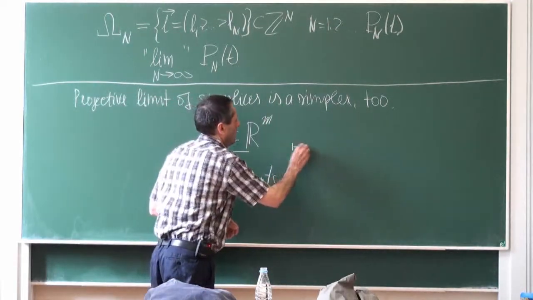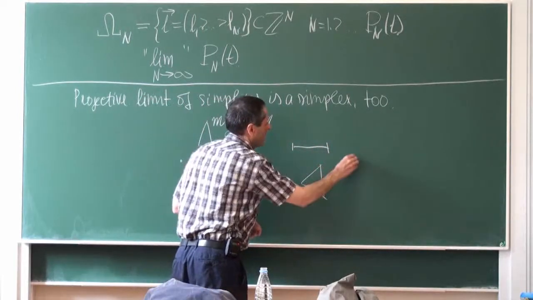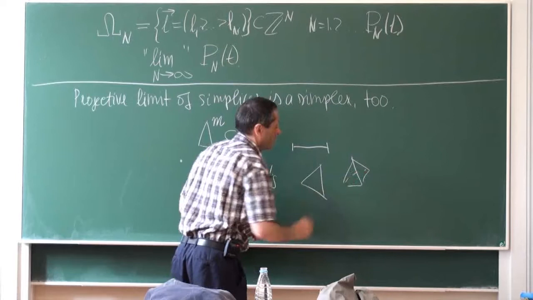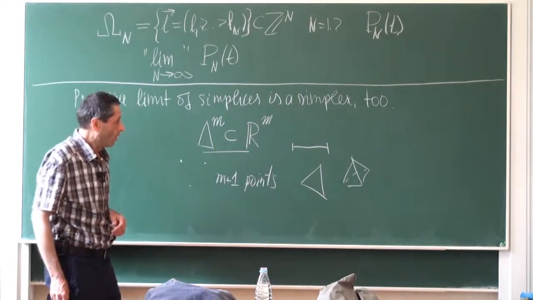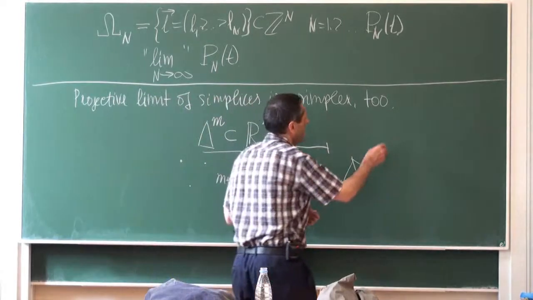So in one dimension this is a segment, in two dimensions a triangle, then a tetrahedron, and so on. What is a map of one simplex into another simplex?